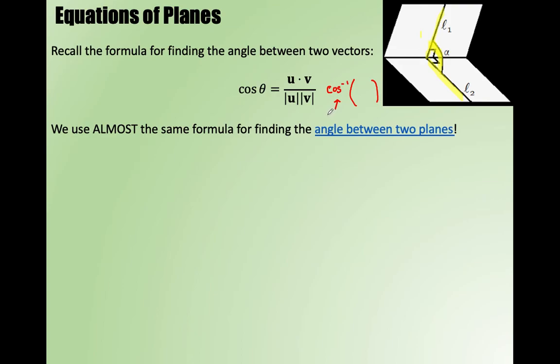Inverse cosine only gives you results in which two quadrants? Cosine is positive in quadrant 1 and negative in quadrant 2. If I'm going through quadrant 1 on my unit circle, those are only acute angles, and as soon as I go past 90 degrees, that's where I get quadrant 2 angles. So I don't need quadrant 2 angles. I only need inverse cosine to give me an acute angle in quadrant 1.